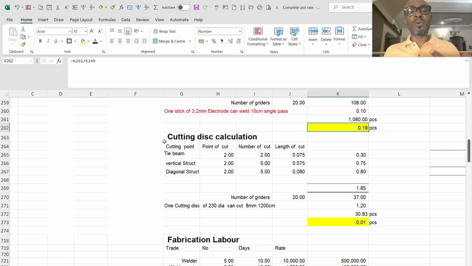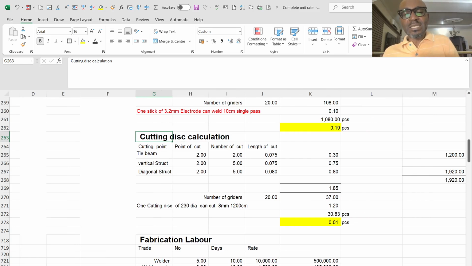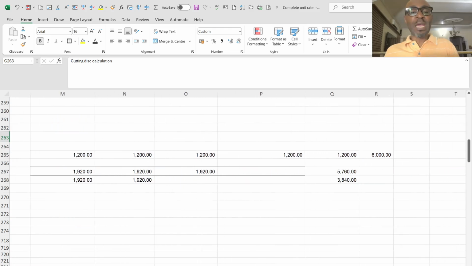Also for the cutting discs, in this case, I am not using gas to cut. I'm not using a hacksaw to cut. I am going to use a cutting machine, a cutting disc with a machine to cut my members into pieces to the sizes that I want. And for us to understand all of this data, I drew some series of lines here.